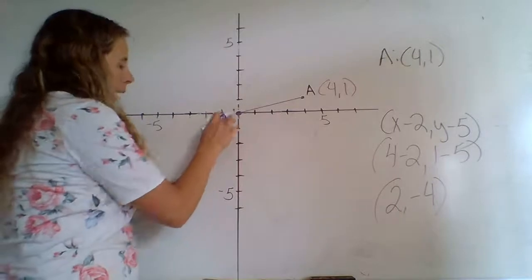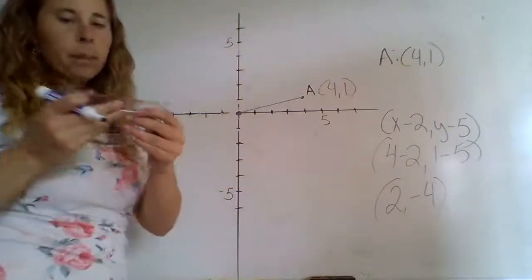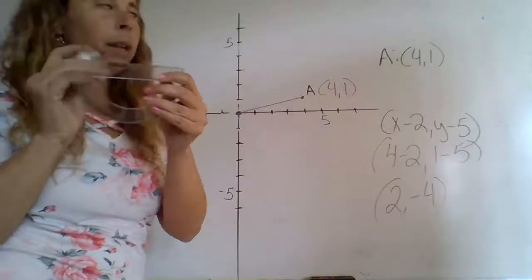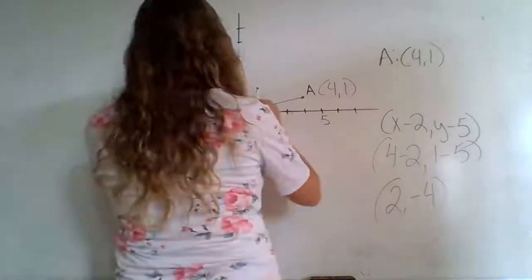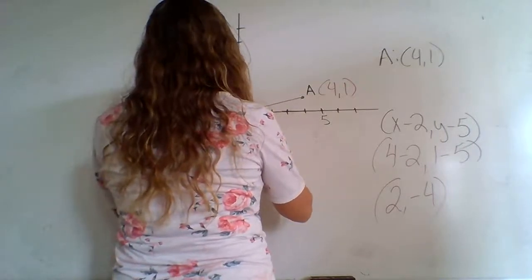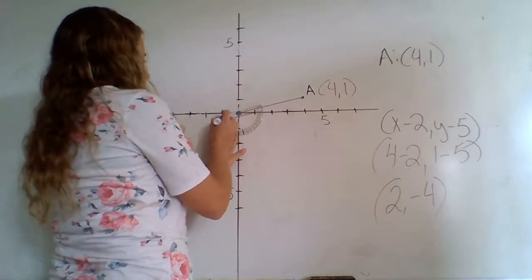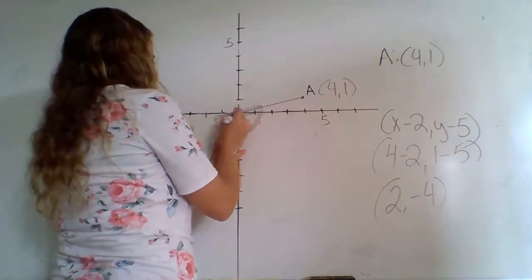But this time we're rotating 180 degrees. Put your little circle, and make sure your lines line up. Then we're going 180 degrees, which is just this line right here.